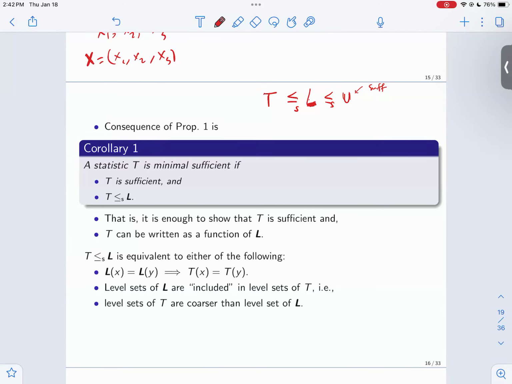Right, so it's going to be a bijection. If T is minimal sufficient, it's in bijection with the minimal sufficient statistic. The minimal sufficient statistic, as I mentioned, is unique up to bijection.